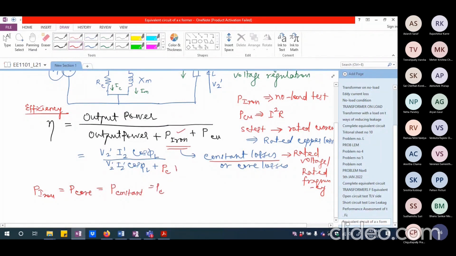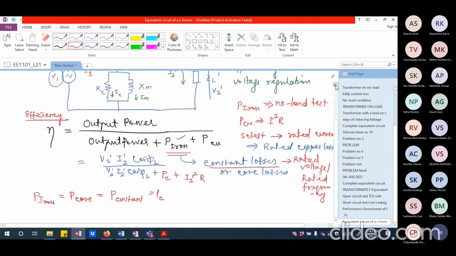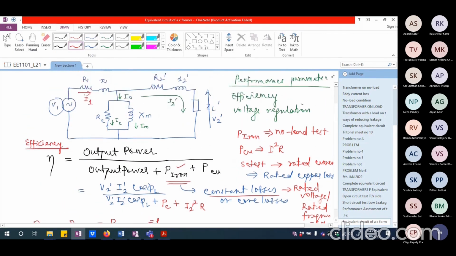Whereas copper losses are going to be I2 dash square R. What are the R values here? If you look at the equivalent circuit, please note that I2 dash and I1 are almost equal to each other, because I0 is a very, very small value. So I1 is approximately equal to I2 dash. One dissipation takes place in R1, another in R2 dash.